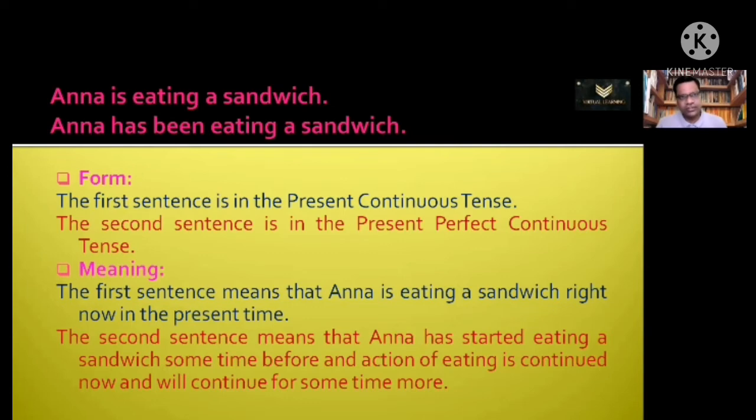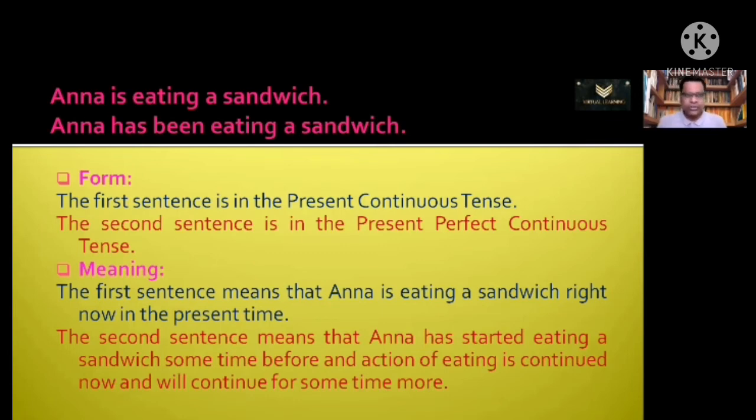It means Anna started eating a sandwich some time ago. It is continued now also, and maybe for another couple of minutes or so in the future time that is yet to come, it will continue.